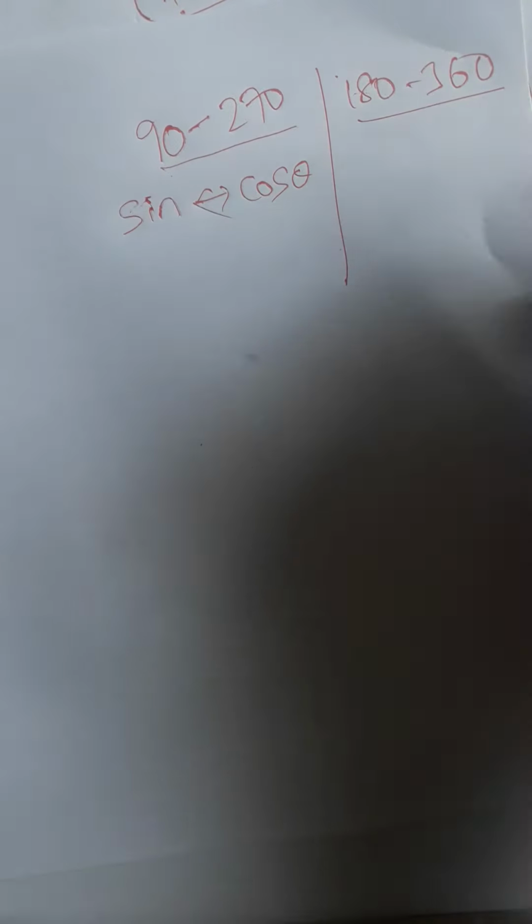At 90 and 270, and at 180 and 360. At 90 and 270, sine will become cos and cos will become sine. In the same way, tan will become cot and cot will become tan.